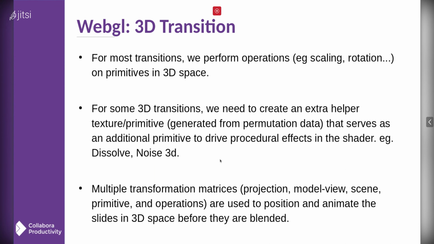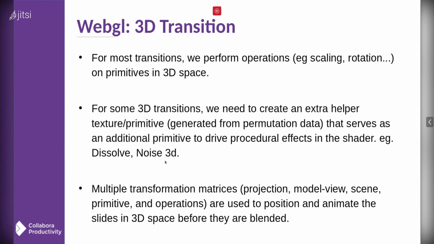For 3D transitions, we need to create extra helpers for some of them, as we see in this particular case. In this case we don't go with just two textures, but we need three textures. And the middle texture is the black dotted, randomly generated permuted data.